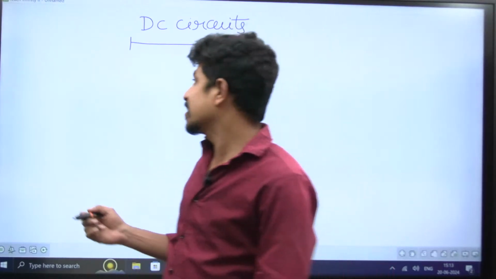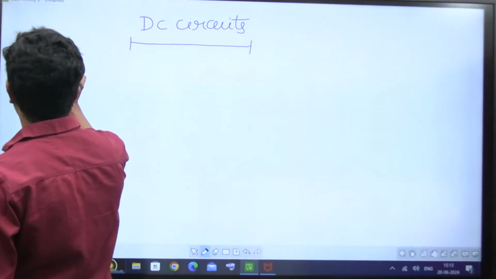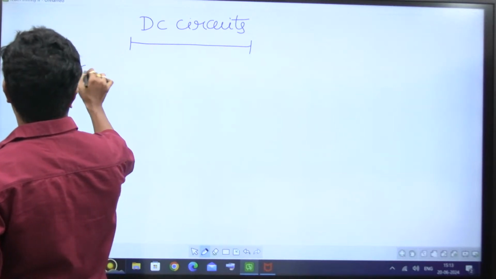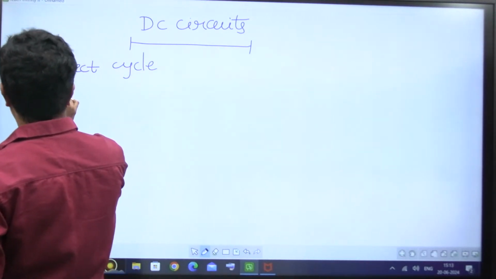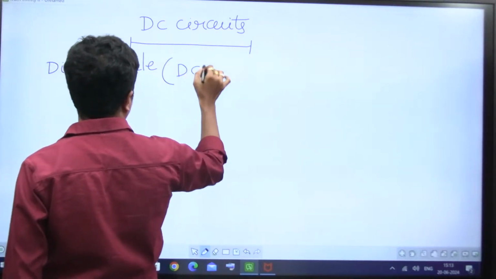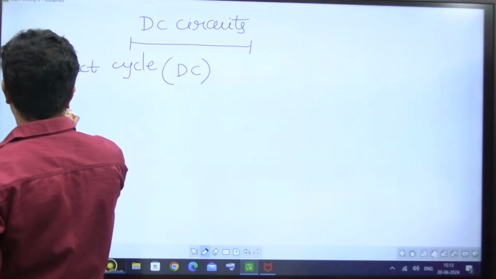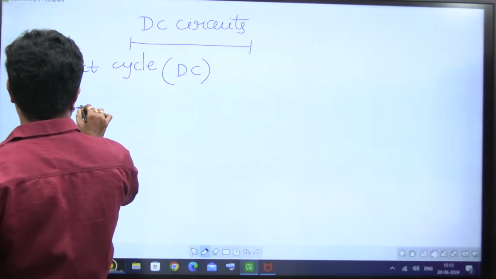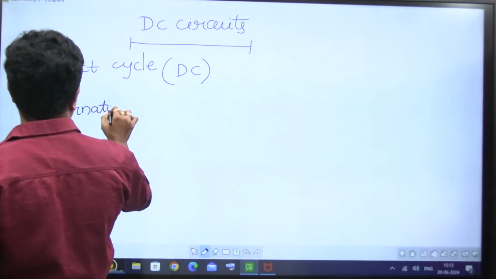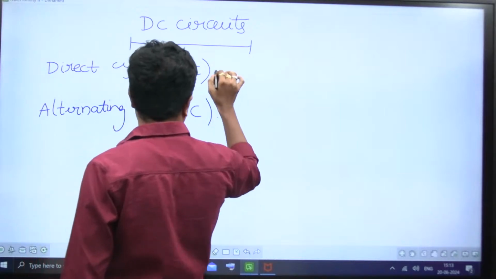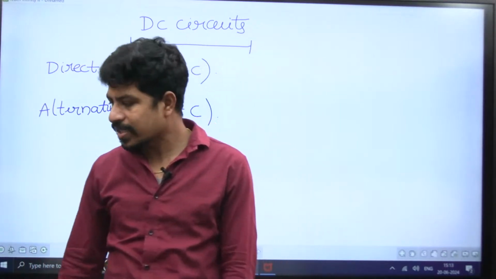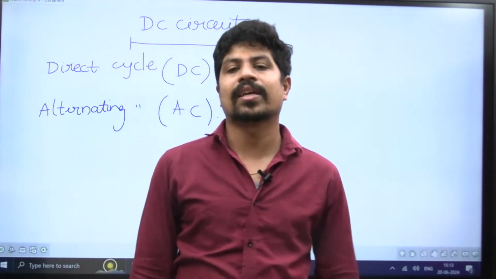Simply we call this one DC. Another one is AC, that is alternating cycle. Two types of power supply we have. So we are discussing DC, direct cycle.